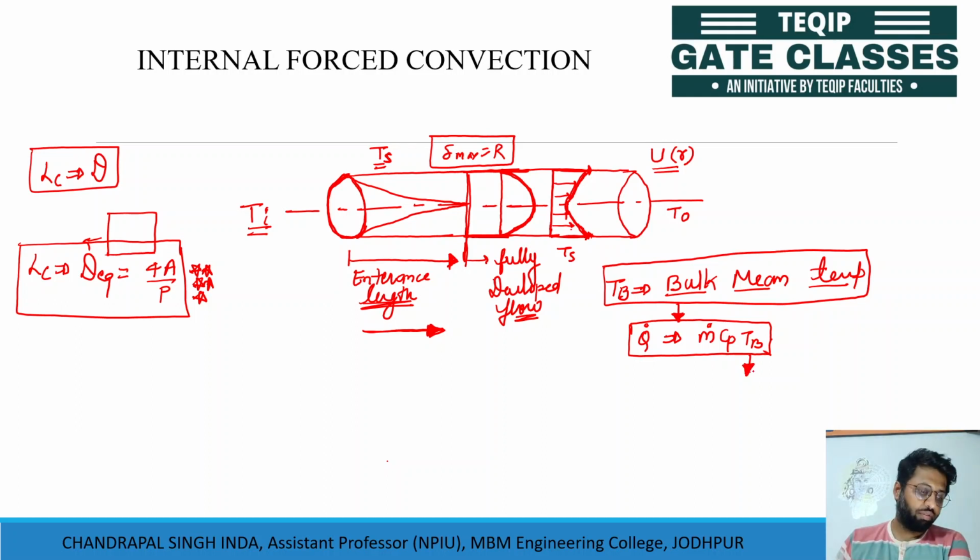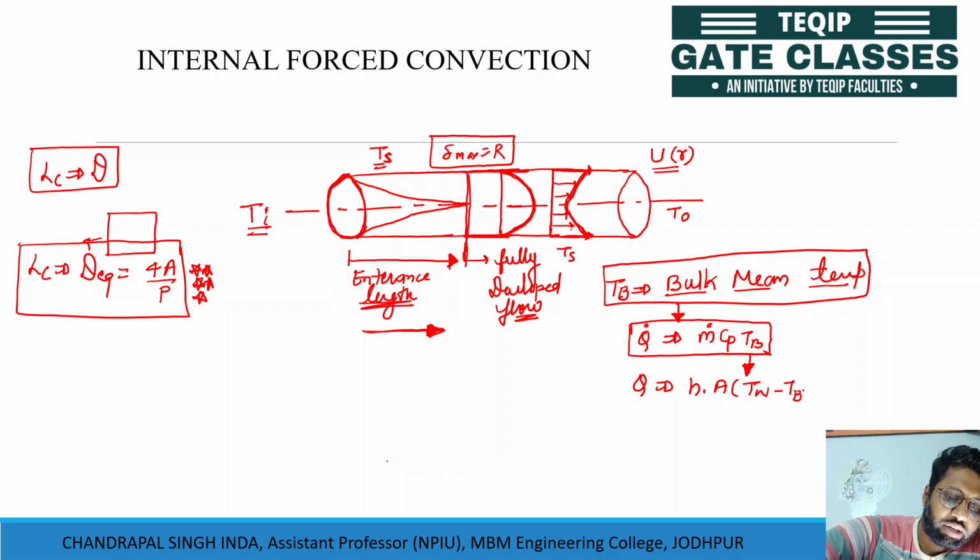Now we have one more heat transfer, which is convective heat transfer between the wall and the fluid, and that will be Q equals h times surface area times (T wall minus T bulk mean temperature).